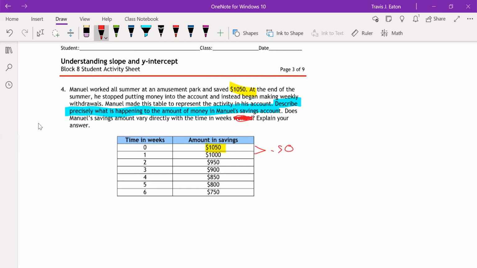Is that the same every time? Looks like it. It's going down by 50 every time, right? We're subtracting 50 every week. Okay. So then we can say that the amount of money in Manuel's account drops by $50 per week.